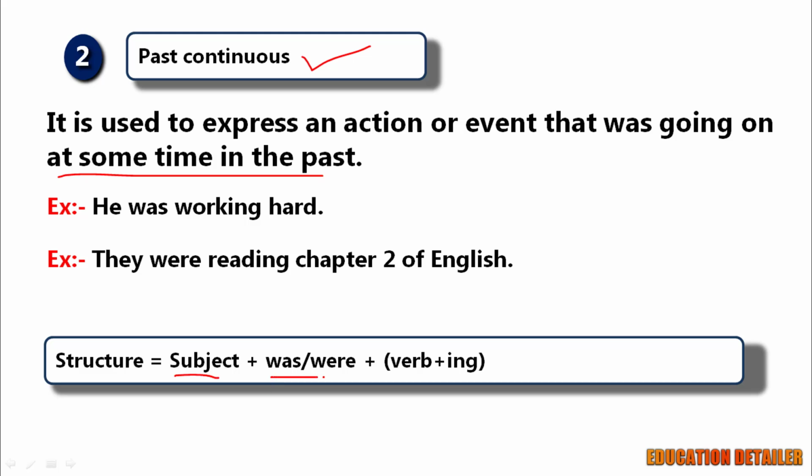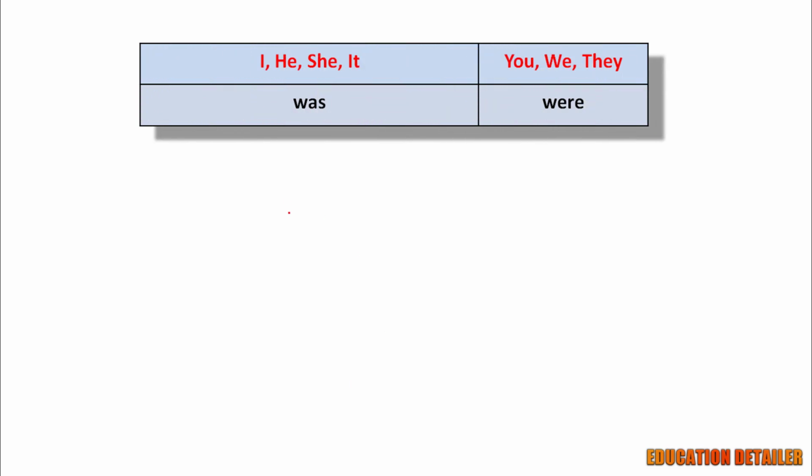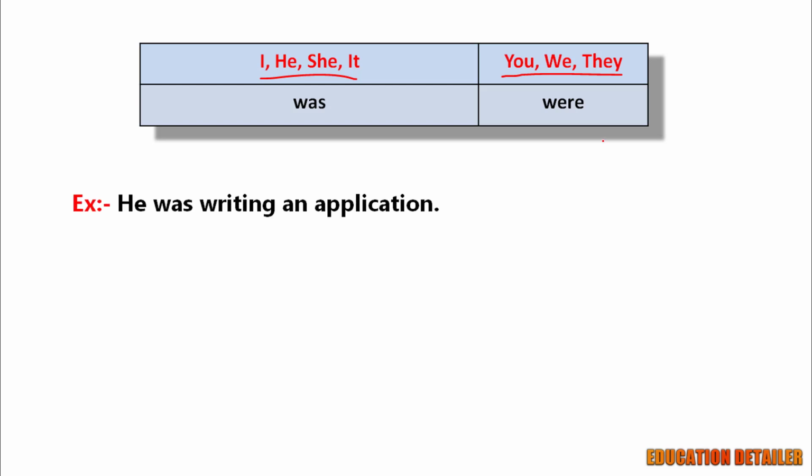Subject plus was or were and ing form of the verb, or you can say present participle. Was is used with singular subject, I, he, she, it, and were is used with plural subject, you, we, they. See some examples. He was writing an application. They were playing kabaddi.